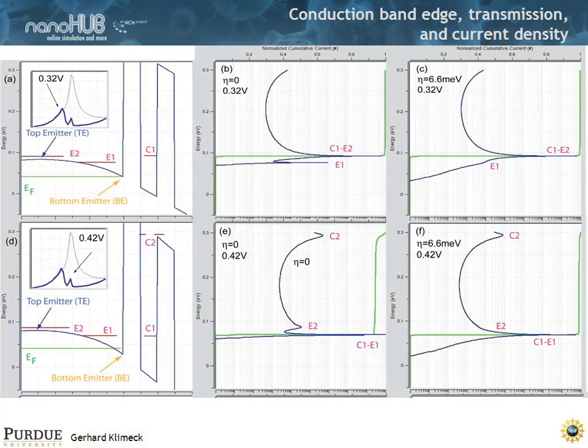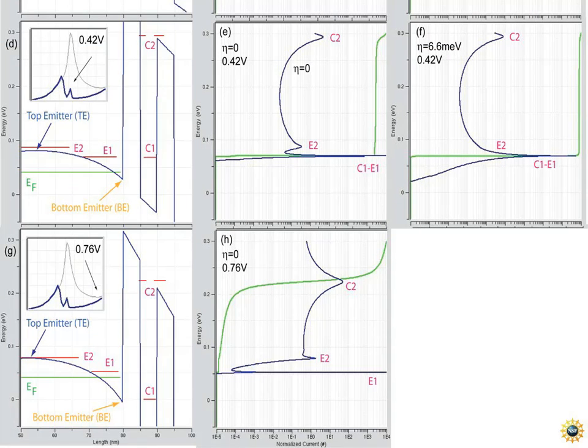Okay? So again, the green lines show you very nicely where in energy the current is flowing. Now let's crank up the voltage further to the valley current. I'm going to 0.76 volts, it's roughly here, where the RTD is again turning on. And what you see at eta equal to 0, that darker IV curve, is that the central resonance C1 is right at the bottom of the emitter.